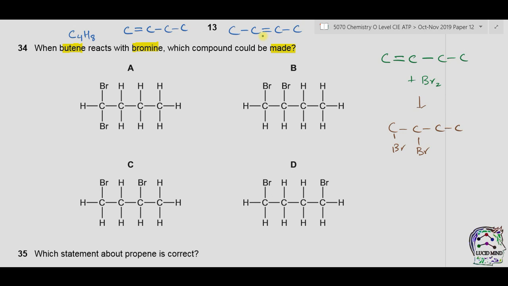Now with the second possibility, when the double bond is between second and third carbon, we can add bromine and the product will be like this. One bromine is attached to the second carbon while the other is attached to the third carbon atom. The rest are the hydrogens.